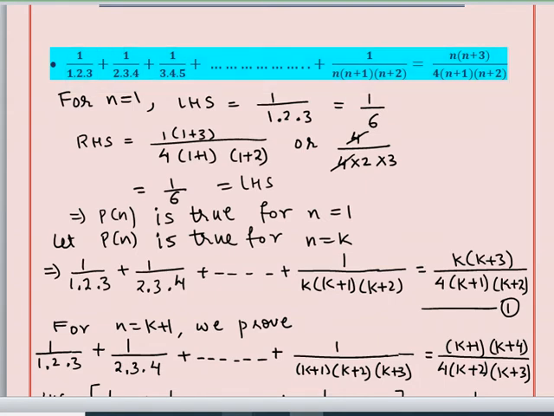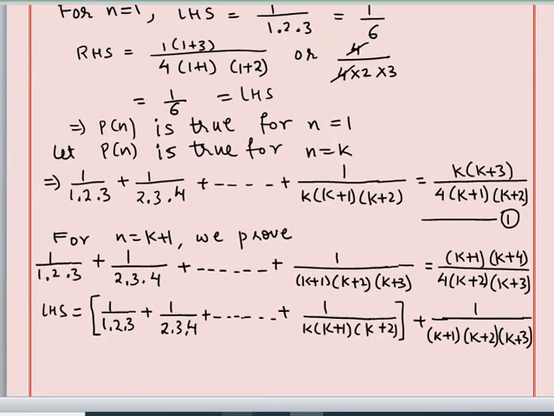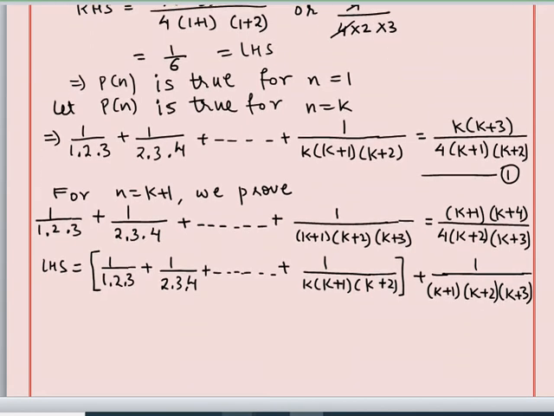So we need to prove the sum of these will be equal to this much. Again, this is obtained by replacing n by k plus 1. So the right hand side reduces to this when we replace n by k plus 1. So this needs to be proved. In order to prove this, we are going to use our assumption, which is equation 1. So let us try it out.